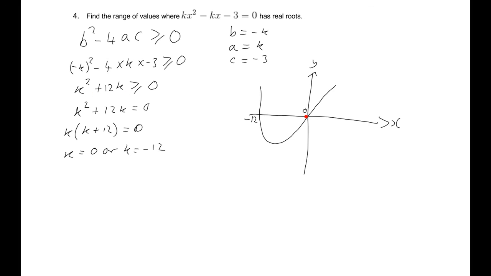So we want to be anywhere along there or there. So now we get that k must be greater than or equal to 0, or k must be less than or equal to minus 12. And there we go. That is the setup for how we deal with these styles of questions.